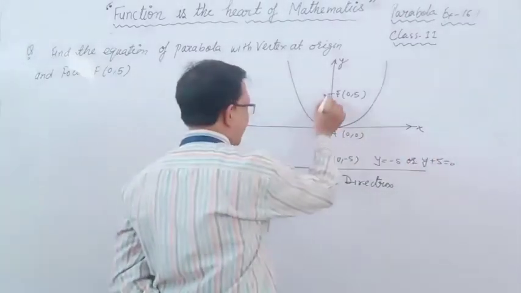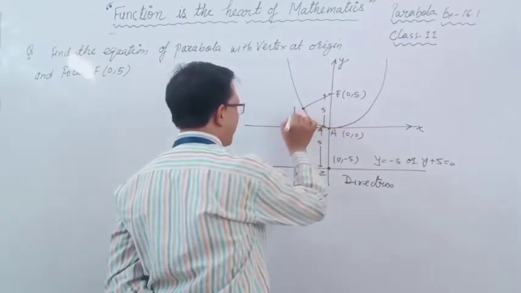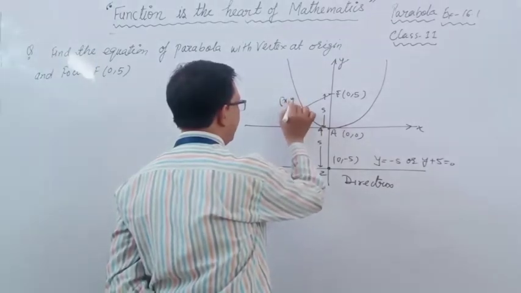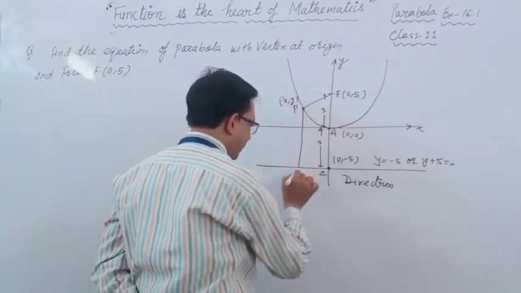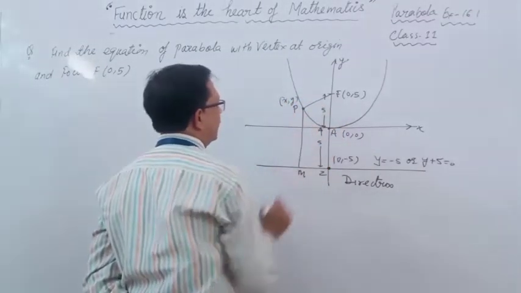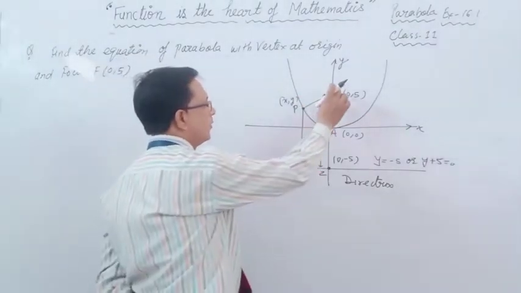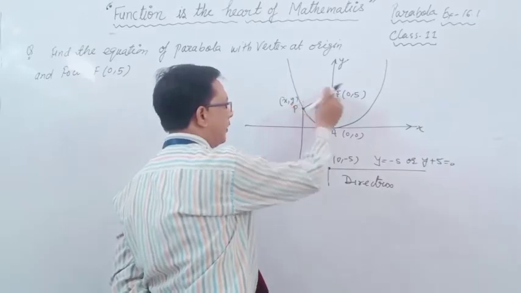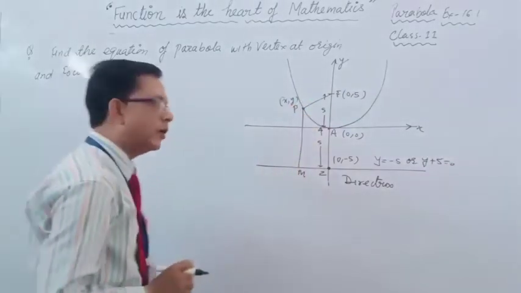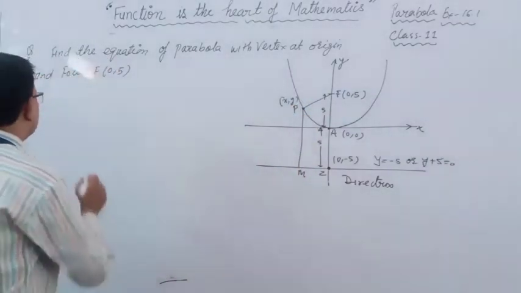If we take any point P (x, y) on the parabola and draw the perpendicular PM, we see what the values of PS and PM are. Here the focus is written as F, so we find PF and PM.